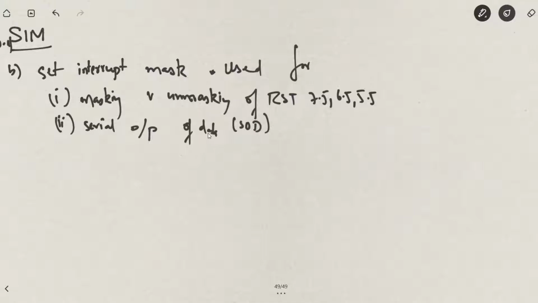So what we do here is, before we use the same instruction, we will have to load the data byte into the accumulator.